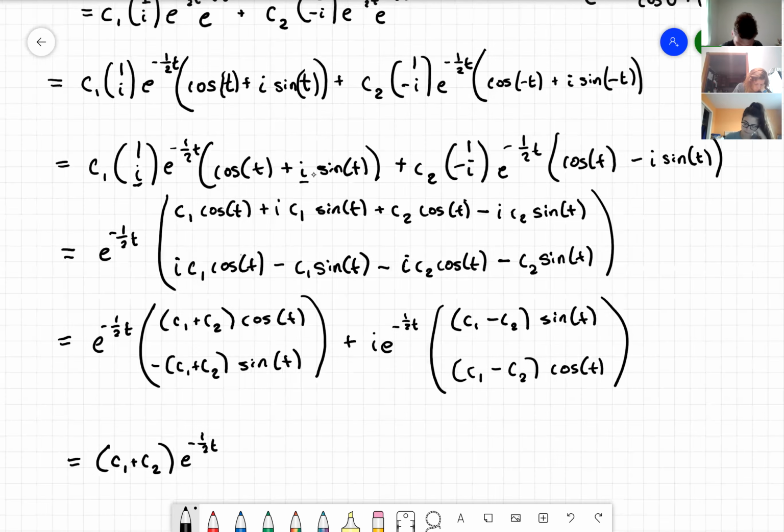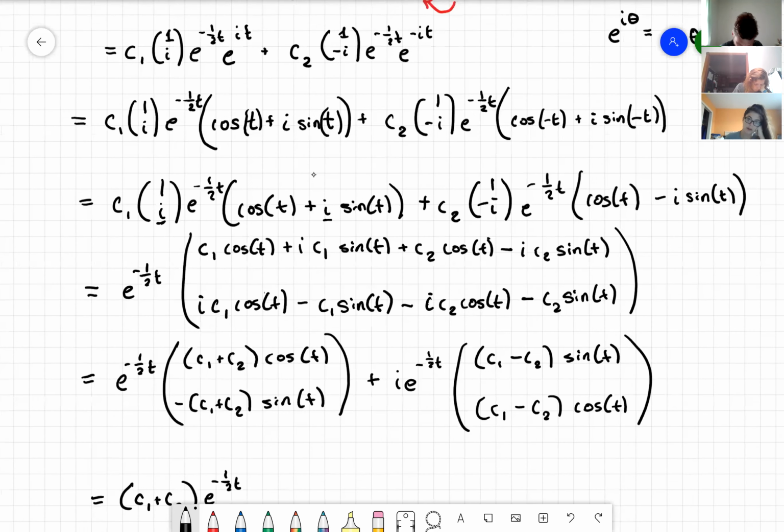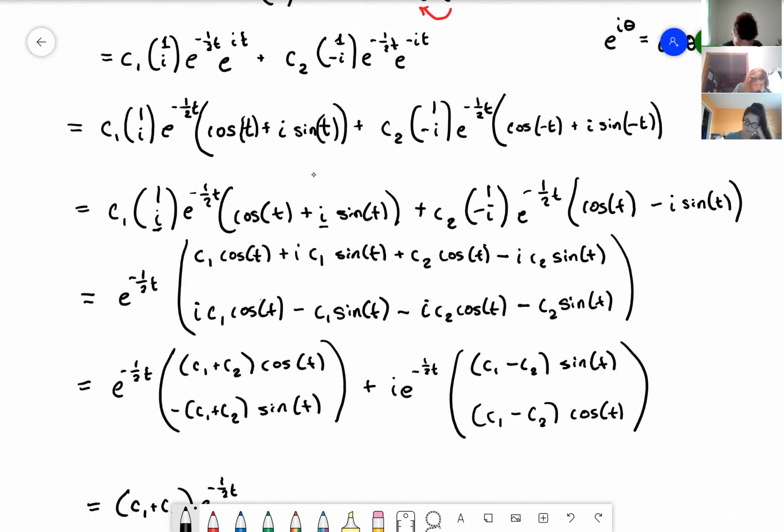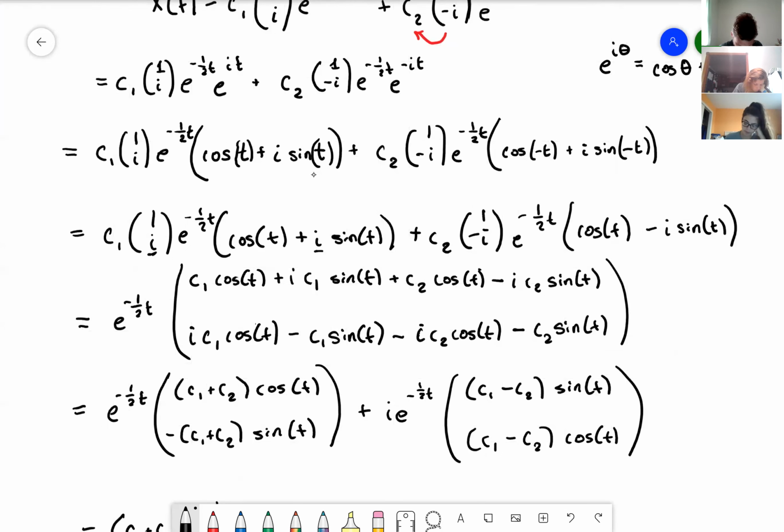That's the unfortunate thing that happens whenever the proof is not included in the book. Assume that you can figure it out as you go. So we have our fundamental set of solutions here. This is one solution. This is another solution.